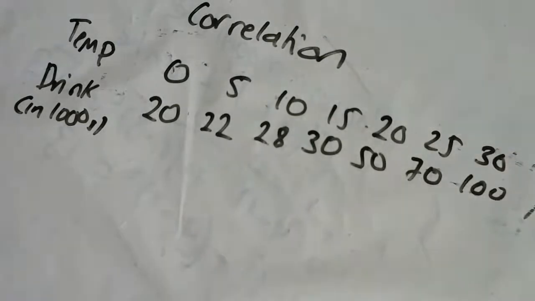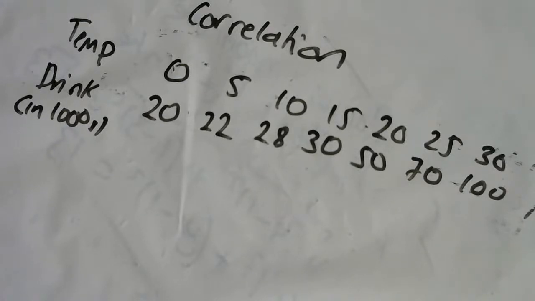So which one of these is the independent variable? It's obviously going to be the temperature because that's the one you're controlling. The dependent variable relies on the independent variable to have a change. The temperature will be the independent variable. The drink sales is the dependent variable, the response variable.